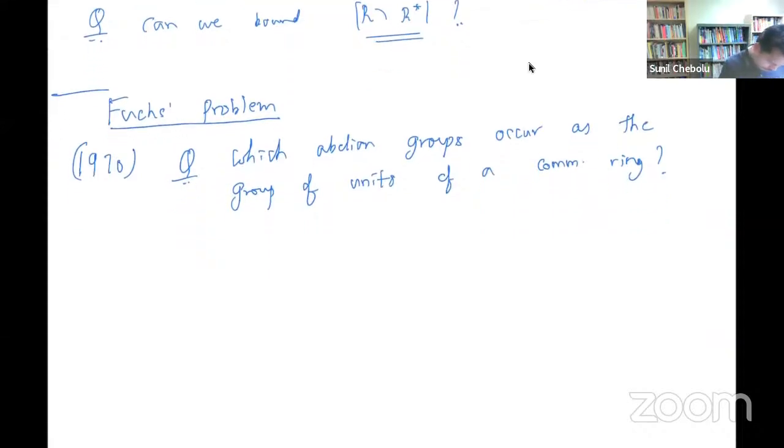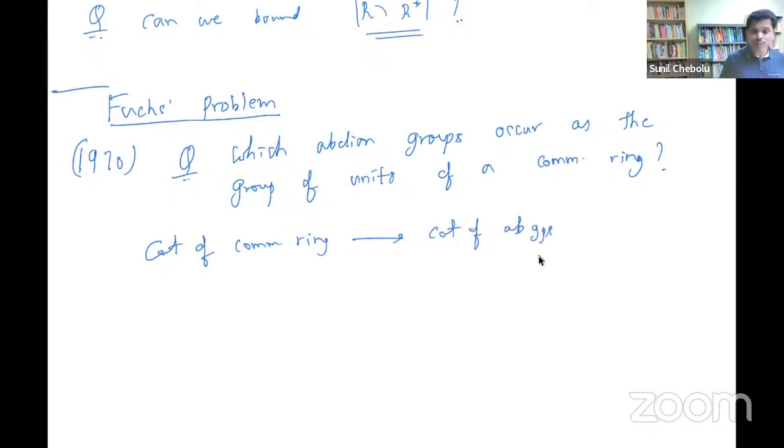From the category of commutative rings to the category of abelian groups, there is a functor which takes a commutative ring and associates to it its group of units. That is a functor. Now it's asking which abelian groups can occur as the unit group, so which ones will be realizable here?